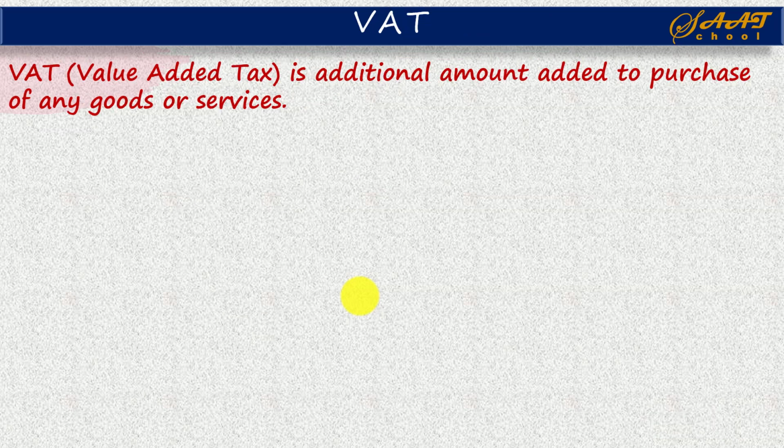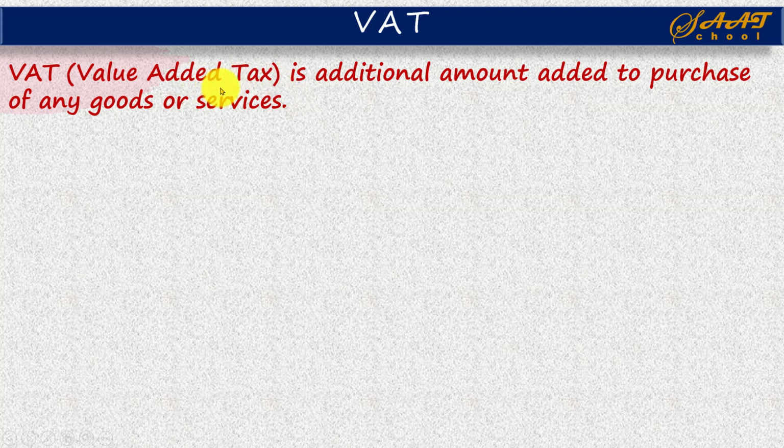Now, what is VAT? A VAT is a tax, and that is the additional amount which is added to the purchase price. So when you purchase any goods or services, any article, then VAT applies, which is simply a tax.